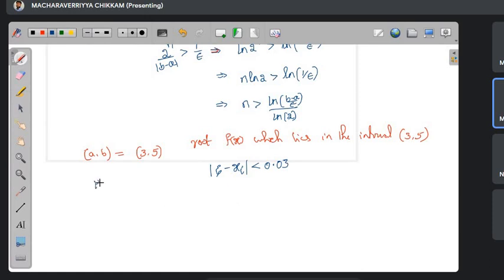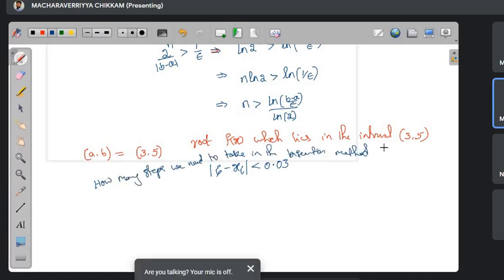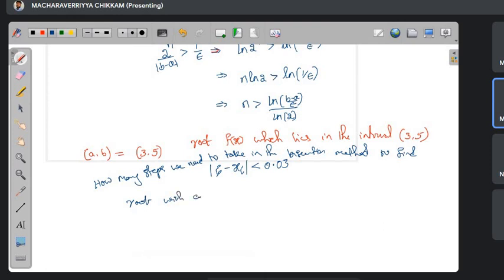So the question is how many steps we need to take in the bisection method to find the root with an accuracy of 0.03. Now we have a formula in our hand, and this is the formula we are going to use.